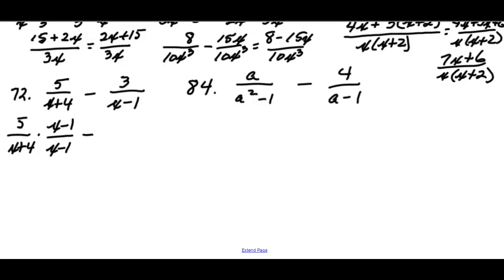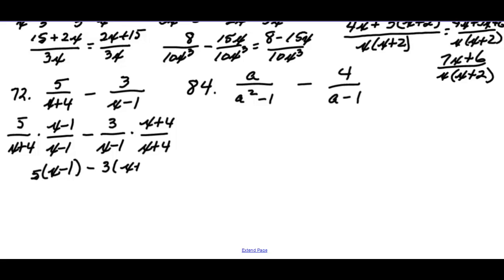And then from that, we're going to subtract 3 over x minus 1 times x plus 4 over x plus 4. In our first term, then, we're going to have 5 times the quantity x minus 1. And then minus 3 times the quantity x plus 4.